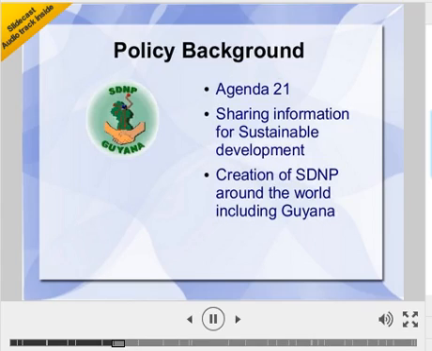But as a result of that commitment in 1992, there was a creation of what were called the Sustainable Development Networking Programs around the world. And in Guyana, we had one. This was at the time when the internet was coming to Guyana, about 1995, 1996, commercial internet. And in 1997, SDNP in Guyana was launched.